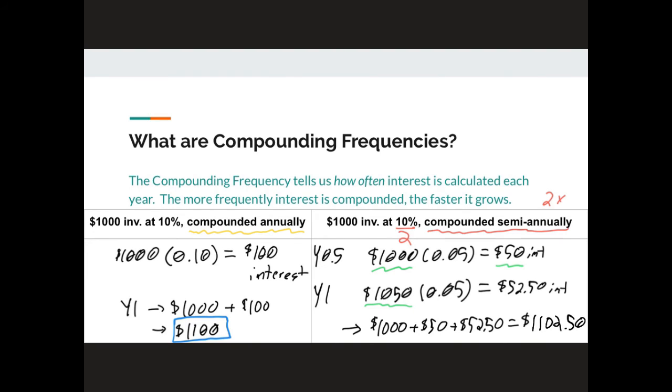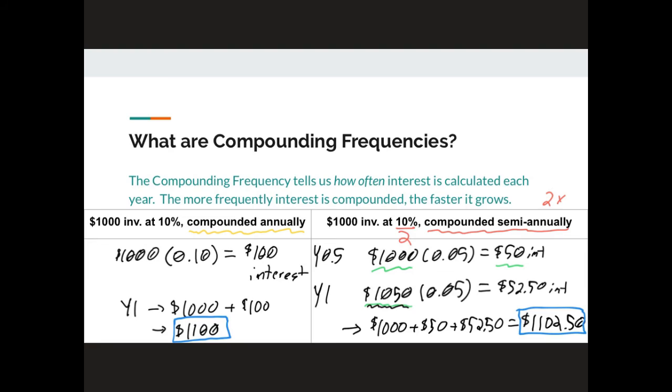Note when you compare these values that compounding the same amount of interest more often gave us a little more money because the second time we applied that interest, it was onto a figure that already had some interest applied to it. If we were to compound this monthly, we would earn even more money.